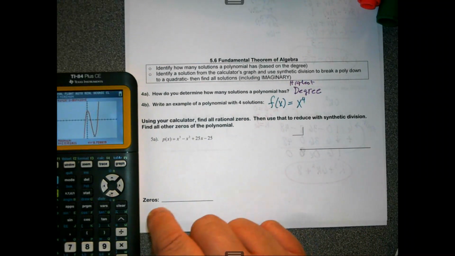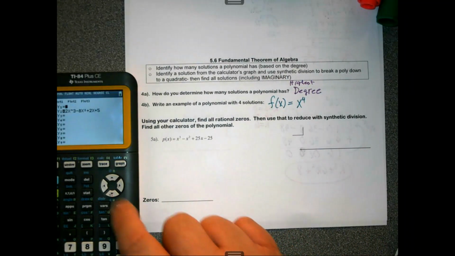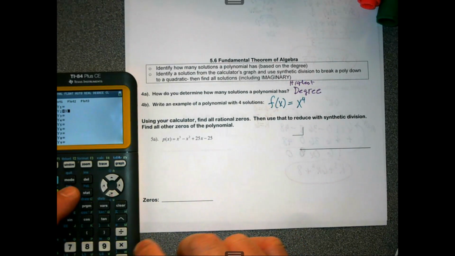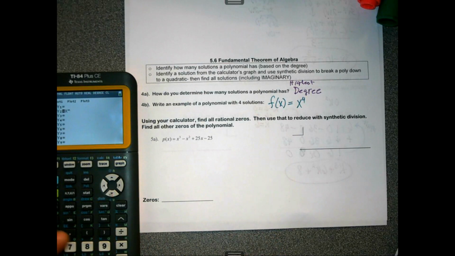Okay, so I'm gonna go to my handy dandy calculators, right? So I gotta put in our polynomial, x cubed minus x squared plus 25x minus 25.